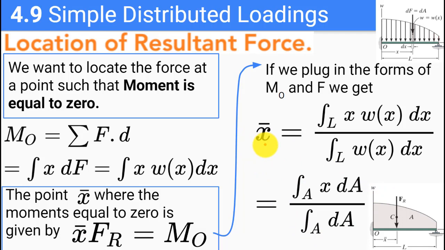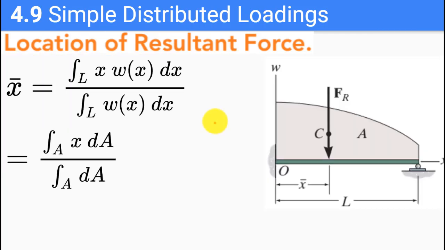Okay, so this is nothing new in terms of concept, but we have changed the arithmetic a little bit. Previously we were using summations, we were adding discrete forces, but now we have a continuum of forces, so we are using integrals. Okay, so let's solve a few examples to clarify this concept further.